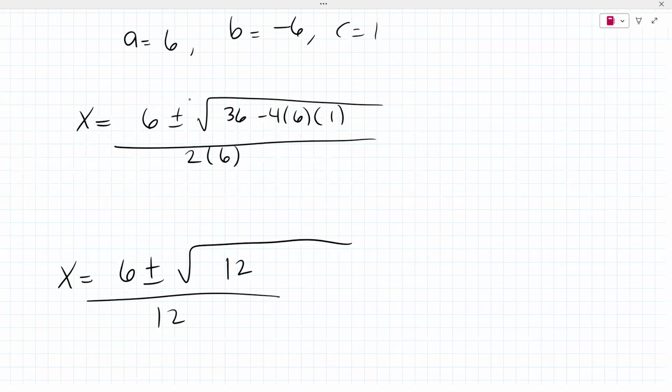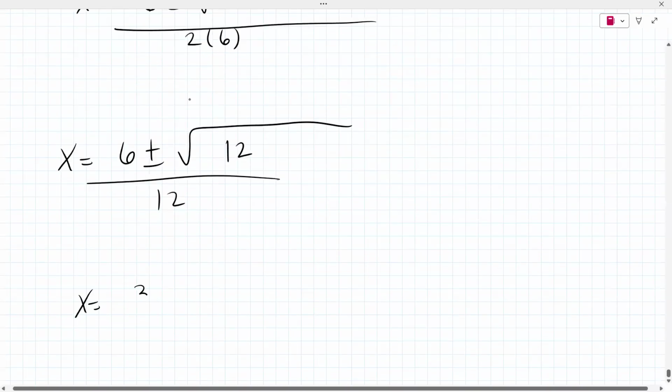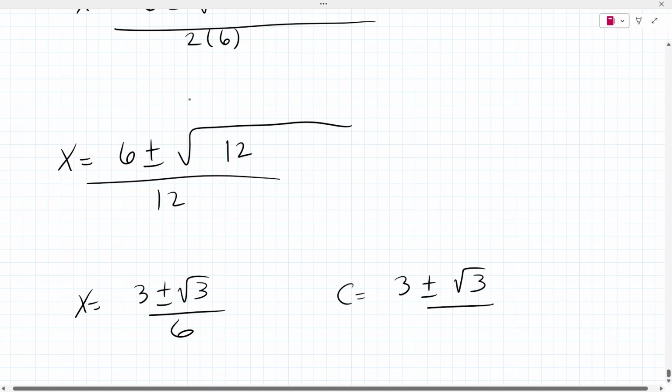And when you simplify it, the square root of 12 can be simplified, and you're going to get x equals 3 plus or minus radical 3 all over 6. So this is our c value. So you could say c equals 3 plus or minus radical 3 all over 6.